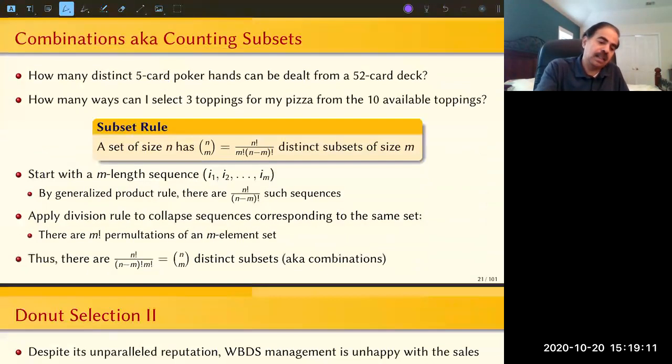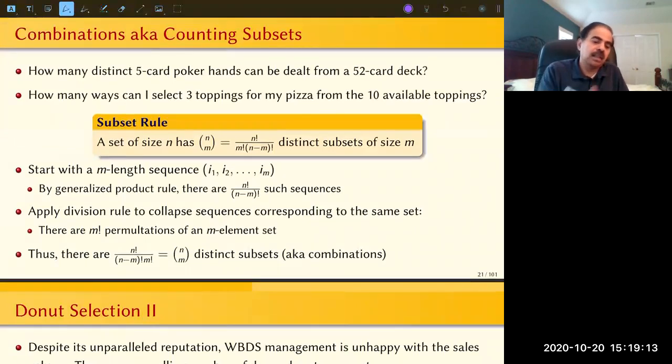This is a very well-known problem, and I'm sure most of you know how to do this. And the formula is, we have a special notation for that. It's just called n choose m.